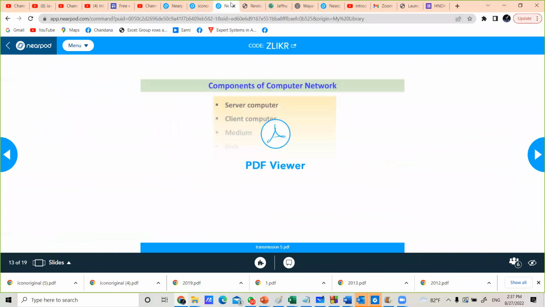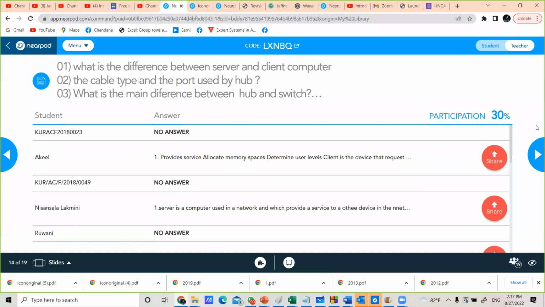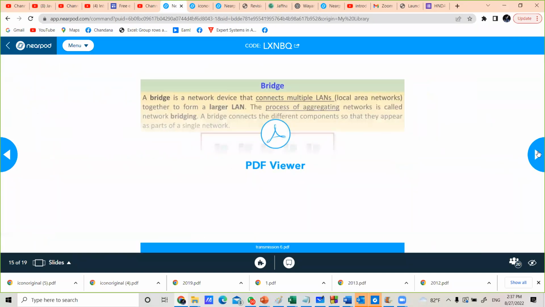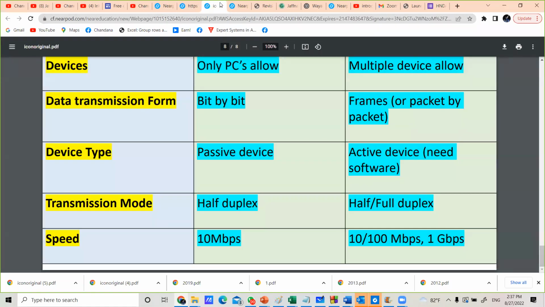Right. Now we can move to the next part. We have more devices to discuss. The next one is bridge actually. Regarding the note for next devices, by clicking the link below, you can get the note. First, get the note.